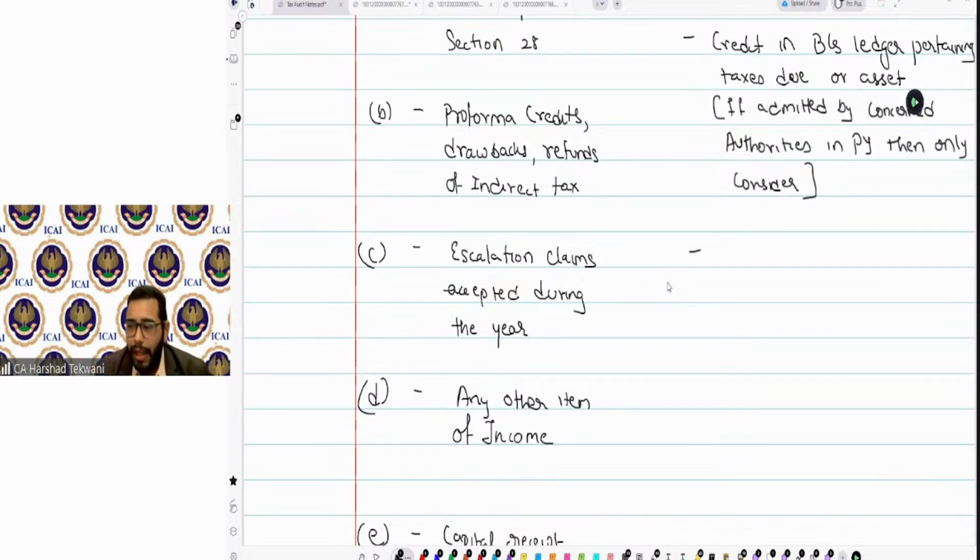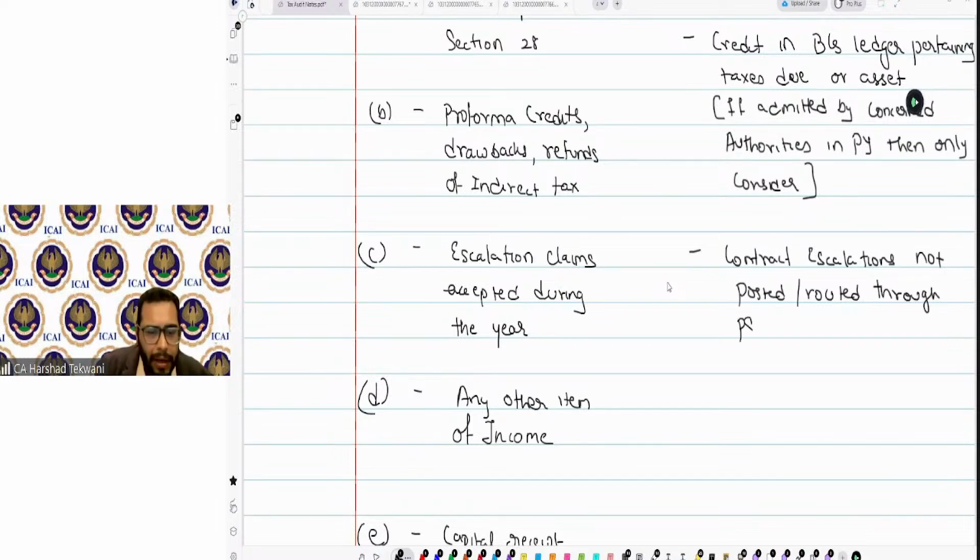In that case, I need to identify whether such claims have been passed through any other GL rather than being credited to the profit and loss account. So, contract escalations not posted or routed through P&L.